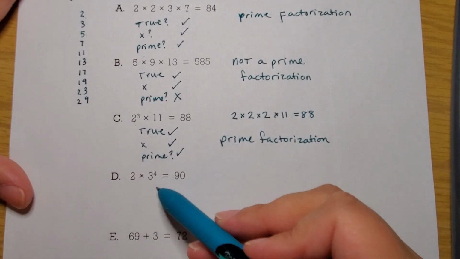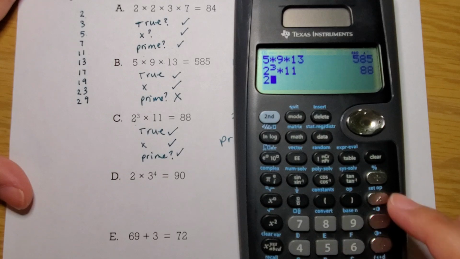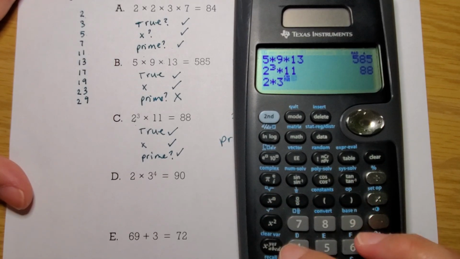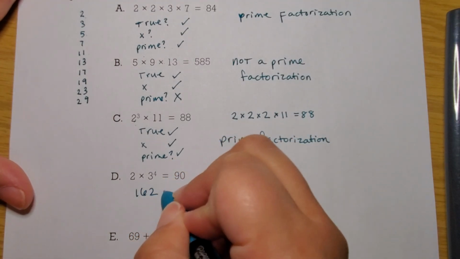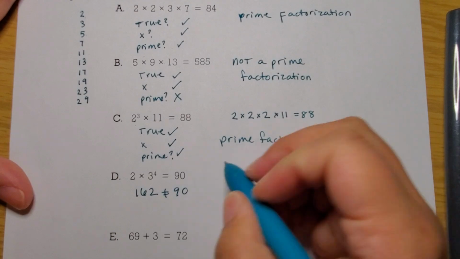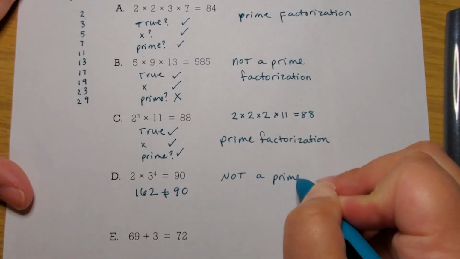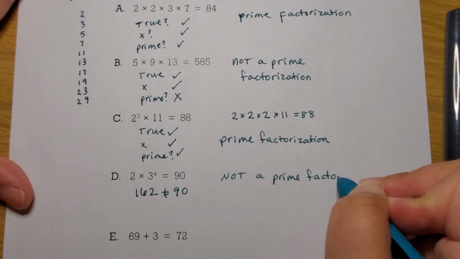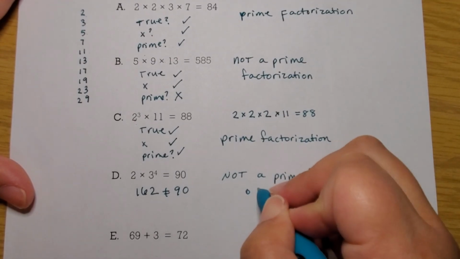Okay, let's check part D. Let's see, is it true? 2 times 3 to the 4th? No, it's not true. I get 162. So 162 is not 90. So this is not a prime factorization of 90.